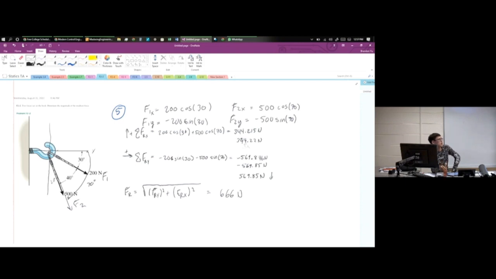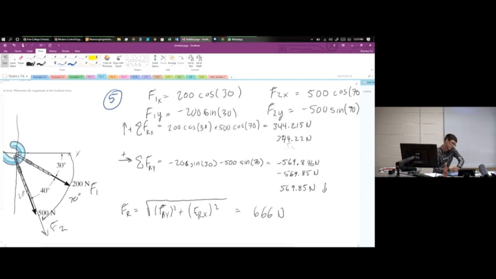Which arrows? Oh, yes, you are correct. So just make sure you write the right arrows in the right places.